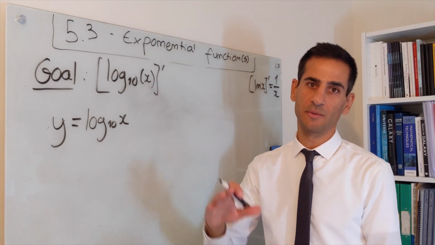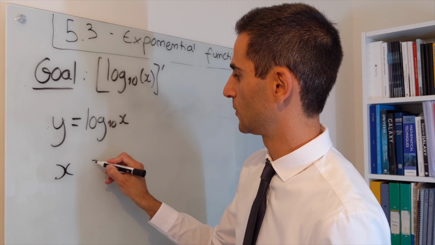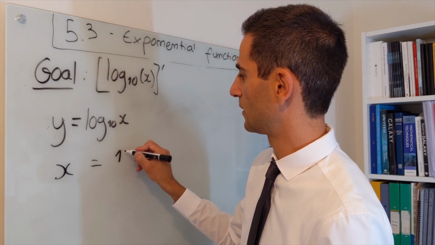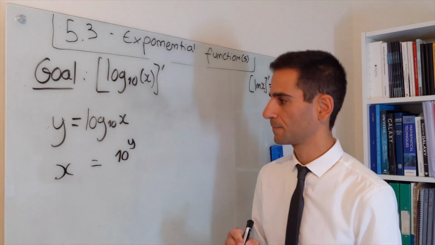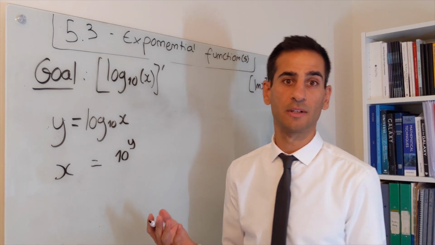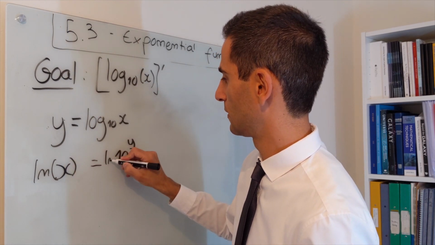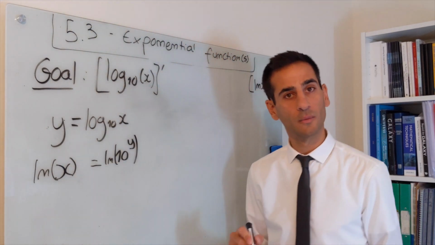This means that we can reverse the functions and write x equals 10 to the power of y. Once we get to this stage, we can also take the natural logarithms on both sides. ln x, ln 10 to the power of y.